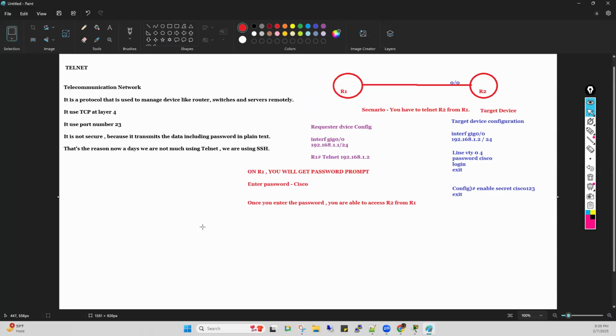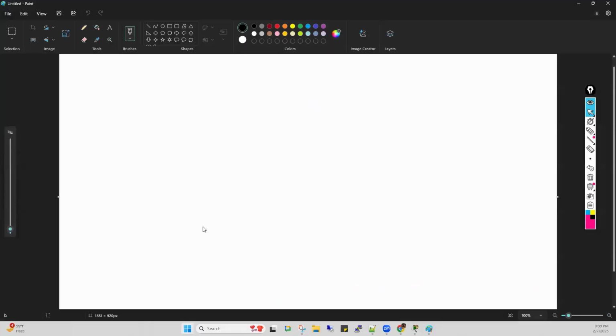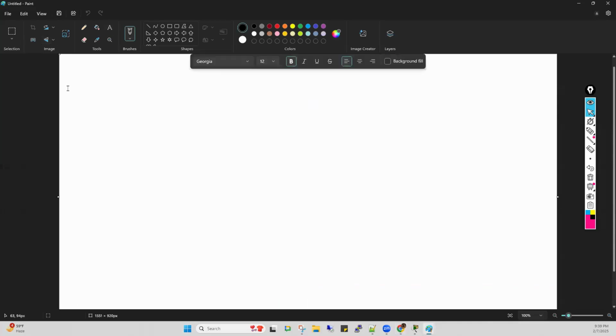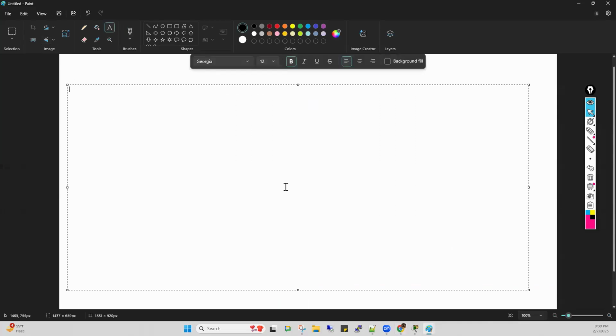Okay, guys. So I hope you understand about Telnet. Clear? The next protocol that we are using nowadays is SSH. SSH means Secure Shell. This is called SSH.